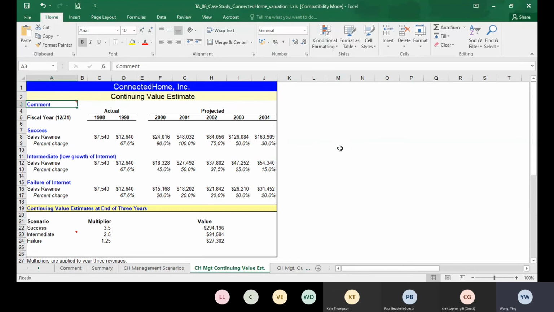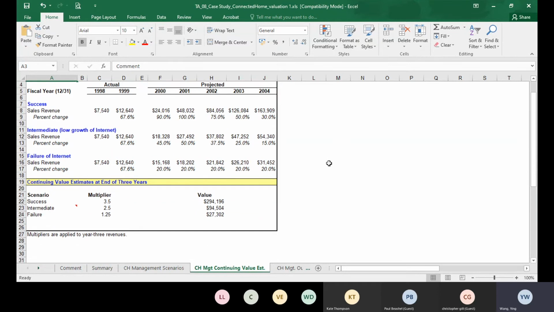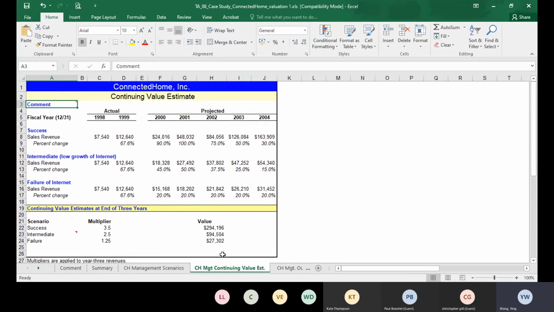Now what happens is they use continual value estimation, to see after the 5th year how much the value will be. So they used 3 scenarios: success, intermediate, and failure. And here you will see that they have a multiplier. For this multiplier, they use the relative value method. They find the multiplier for a similar size, same industry, same growth stage, or other factors put together.